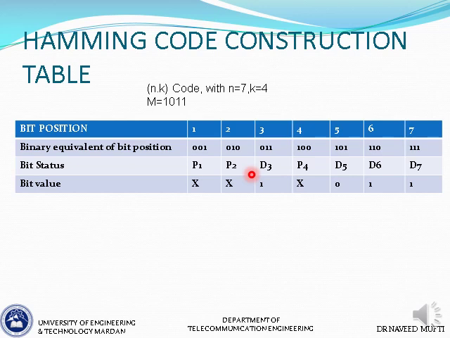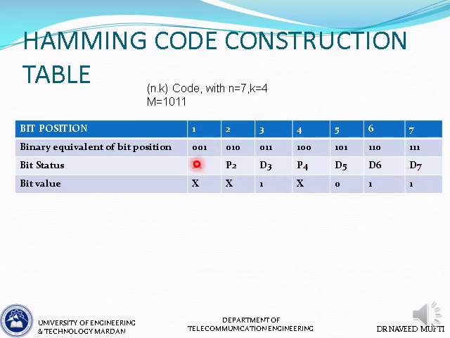In this regard, please note that all the bit positions that are powers of 2 are parity bits, that is 2 raised to power 0, 2 raised to power 1, 2 raised to power 2 and so on. 2 raised to power 0 is 1, so the first bit position is a parity bit. 2 raised to power 1 is 2, so that is also a parity bit. 2 raised to power 2 is 4, so that is also a parity bit. The rest of them are data bits in the same order.